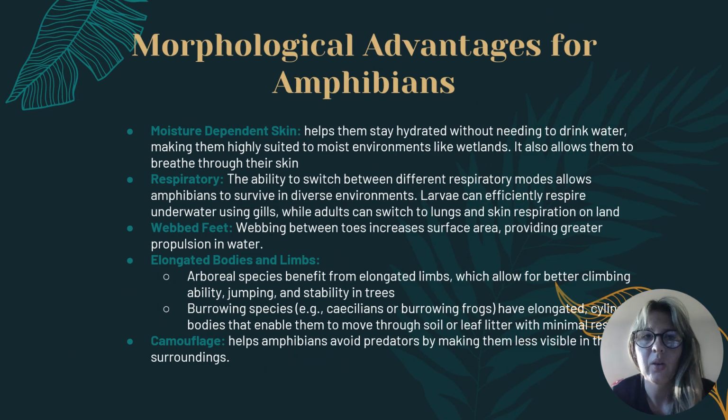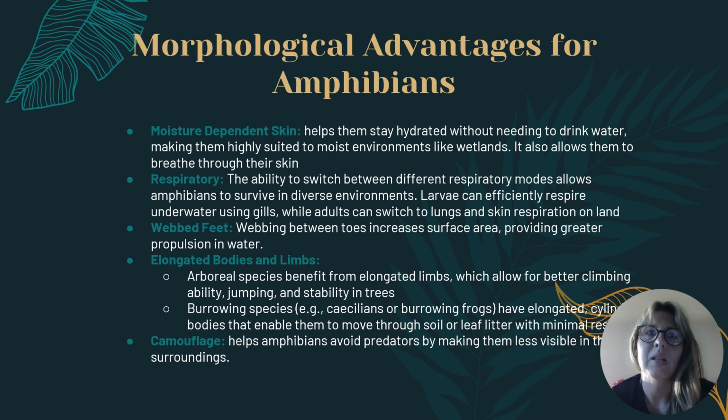So this is really going to jump into the morphological advantages for amphibians. We briefly discussed some of those adaptations and the axis of evolution, kind of breaking up where amphibians were able to evolve from. But those morphological advantages really allowed them to diversify. The first one being that moisture-dependent skin.